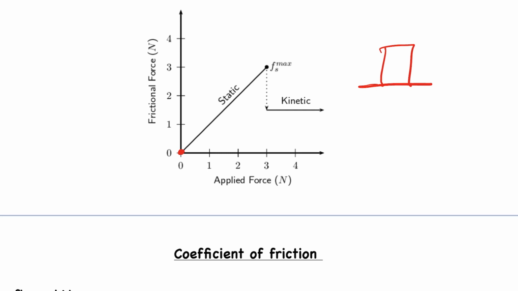When there's an applied force, if it's equal to the frictional force, the object is not going to move. Even if you increase the applied force, the object is not going to move. The frictional force is going to increase as well. Do you see? The frictional force increases as well.